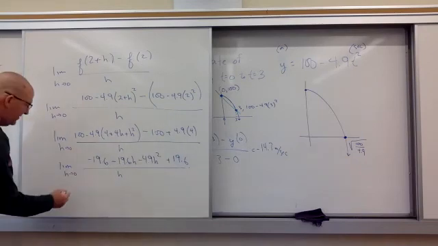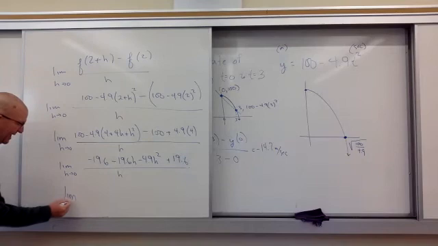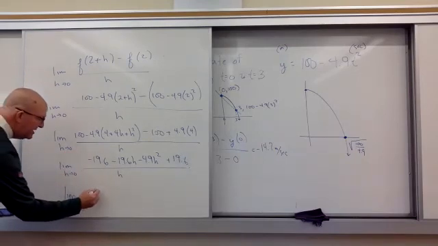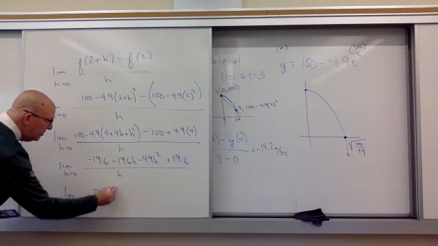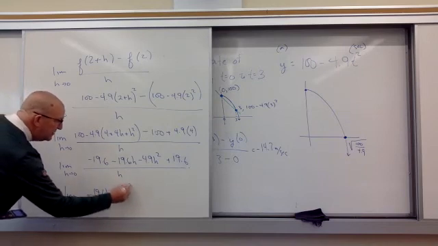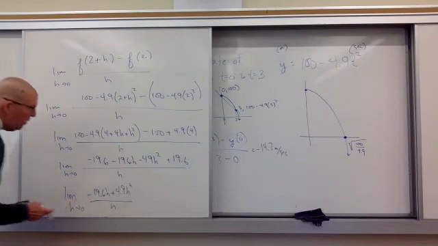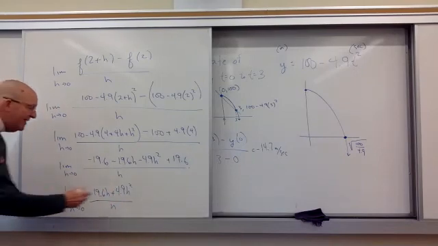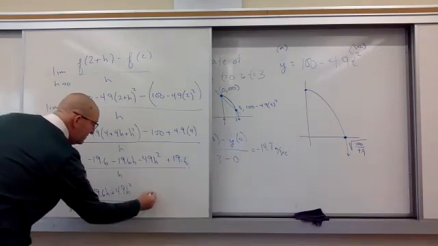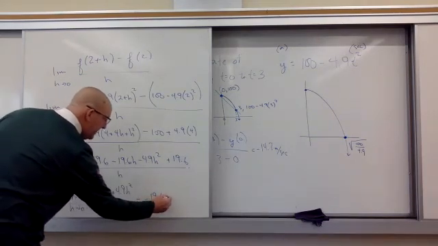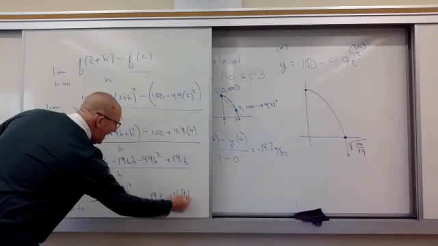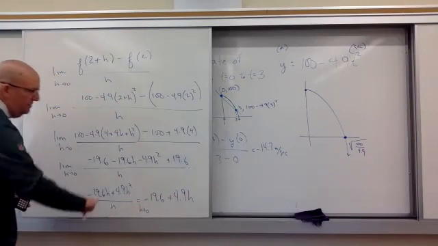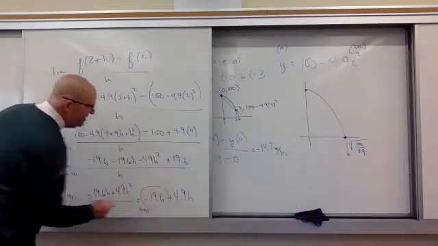The 19.6's go away, and I'm left with negative 19.6h minus 4.9h squared all over h. Well, now I can factor out the h and simplify this to be negative 19.6 minus 4.9h. As h goes to 0, that's going to be negative 19.6.